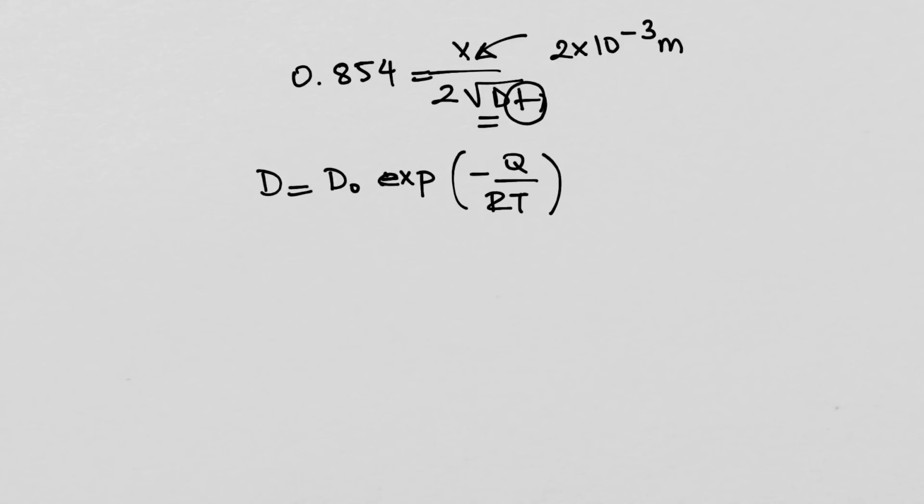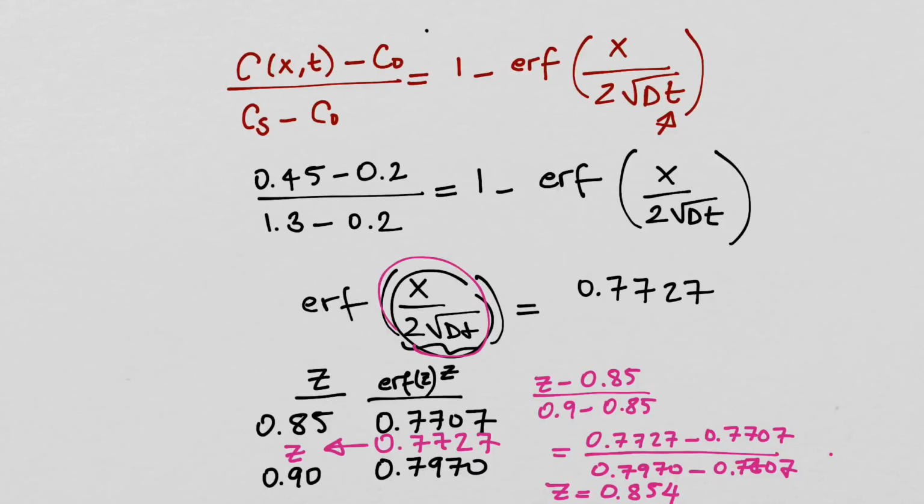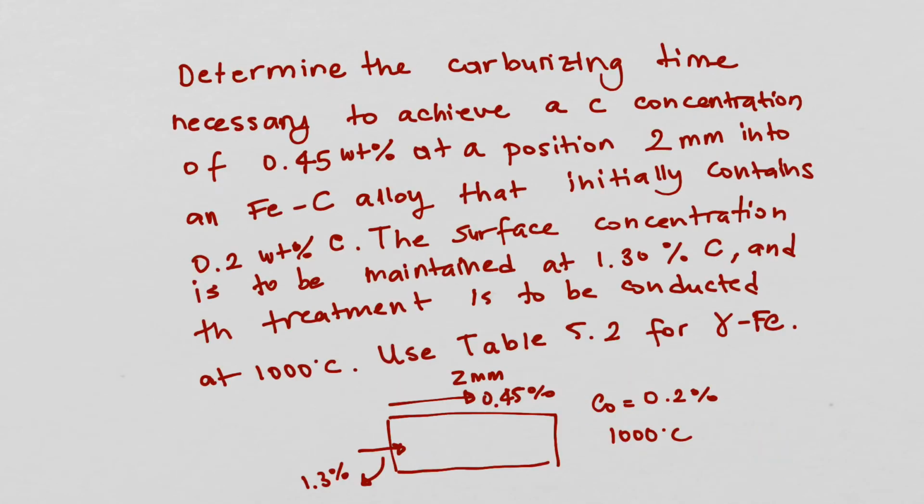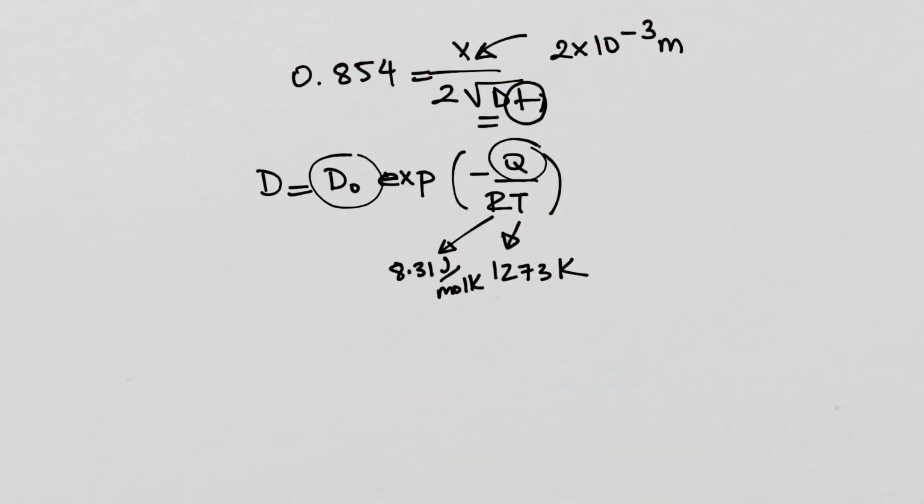How you find D naught and Q is from table 5.2, and we know this is 1000 degrees C, which is 1273 Kelvin. R we know is 8.31 joule per mole Kelvin. So we need to read Q and D naught from the tables. For gamma iron, the diffusing species is carbon. So if you read that information, this is what you get.